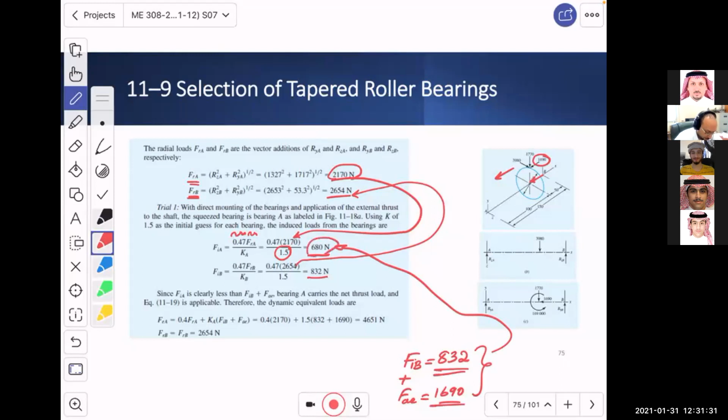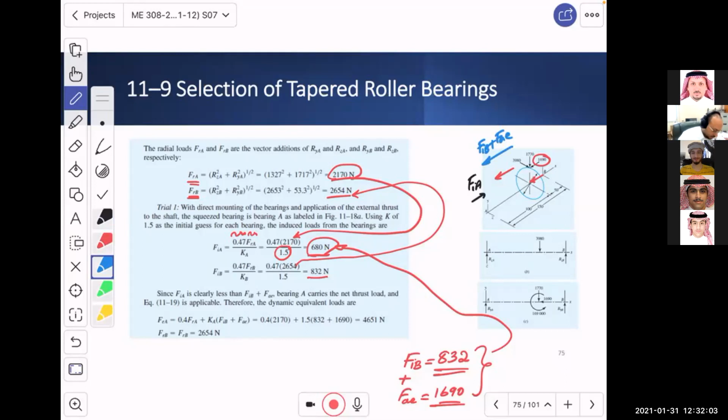What does this mean? Anyone? The thrust is on A because F I A is less. Yeah, the thrust F I A is tiny, while the F I B plus F A E is bigger. So all of the thrust will go to A.